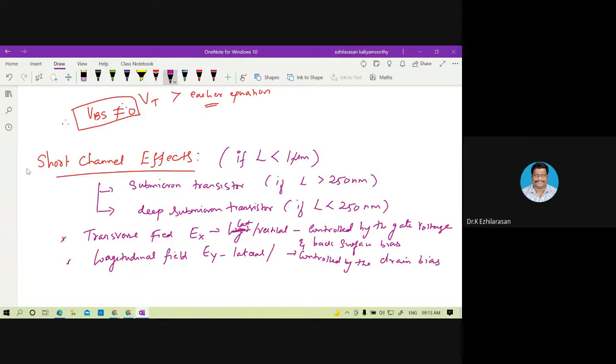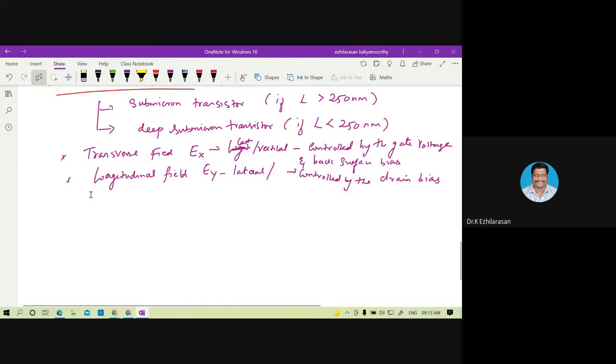Why? Because consider a transistor now. This will be your N plus, this will be your N plus, then this will be your silicon dioxide layer, then there will be metal, here also metal.